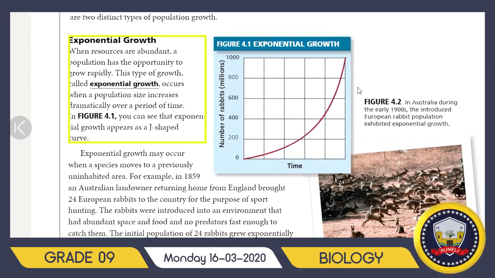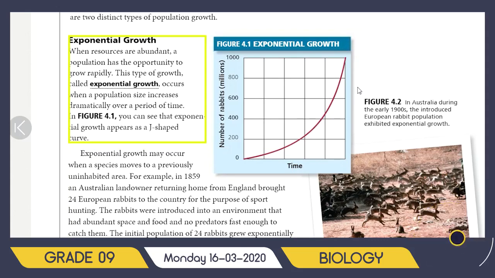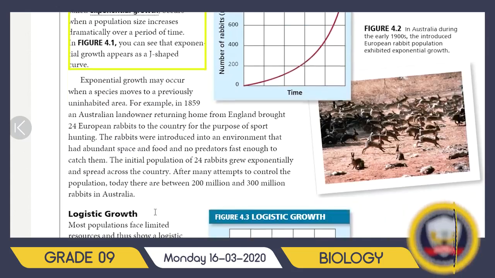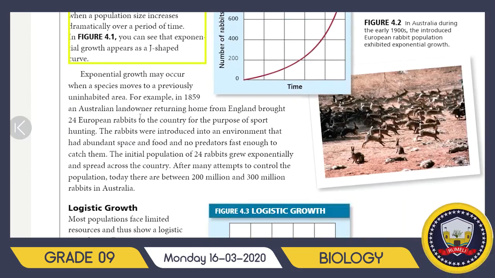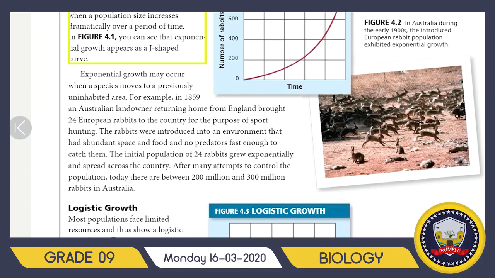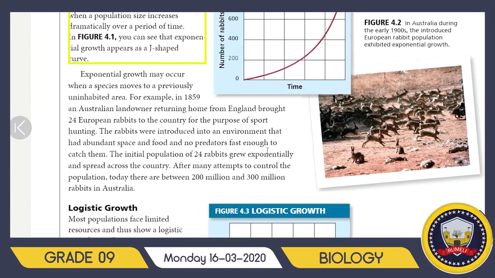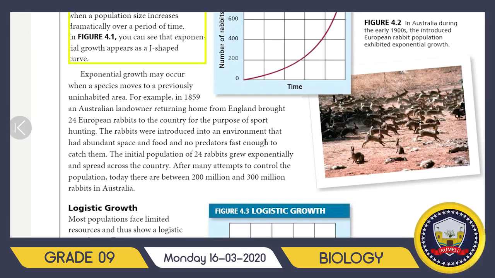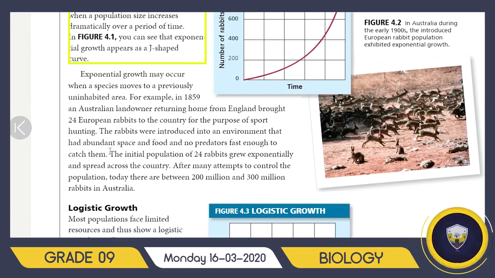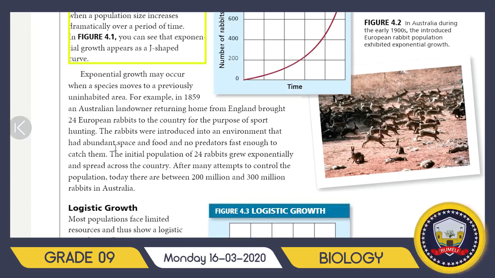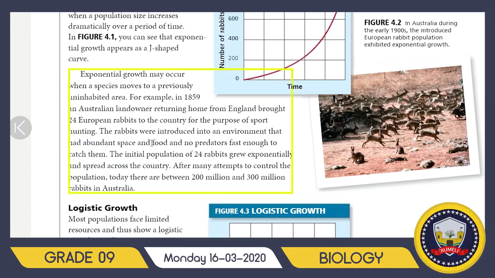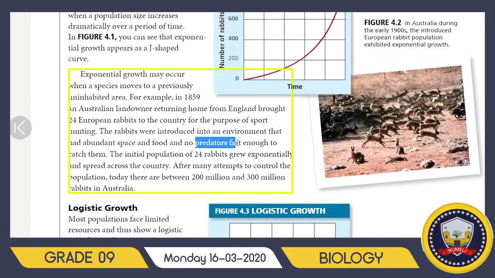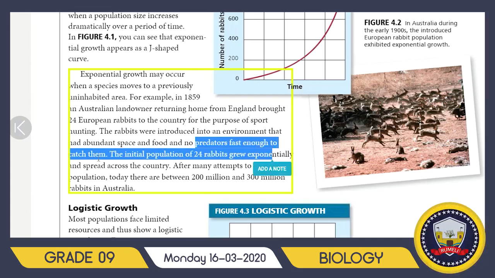Now, let's give an example. In 1859, an Australian landowner returning home from England brought 24 European rabbits to the country for the purpose of sport hunting. The rabbits were introduced into an environment that had abundant space, food, and no predators fast enough to catch them.